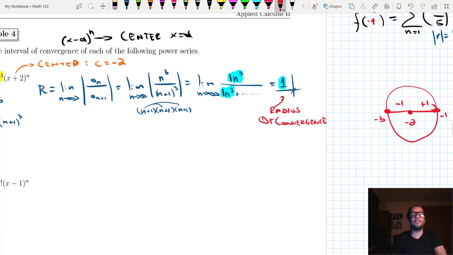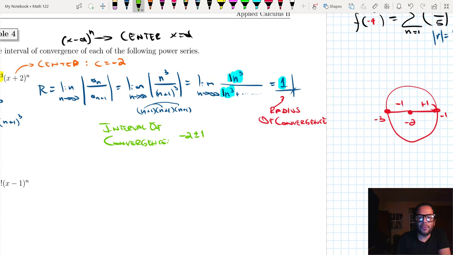Let's represent this as an interval. First of all, let's represent this interval of convergence. It's going to be the center plus and minus whatever we got for the radius, that is -2 minus 1, comma, -2 plus 1, which in this case the interval is -3 to -1.